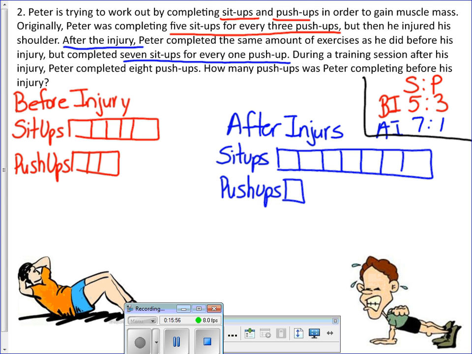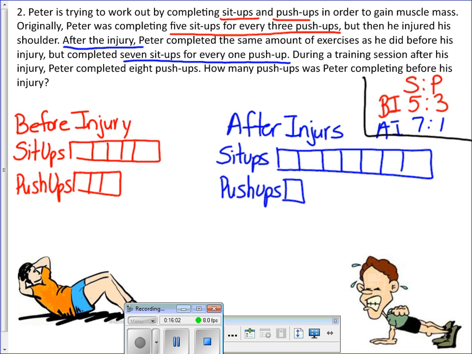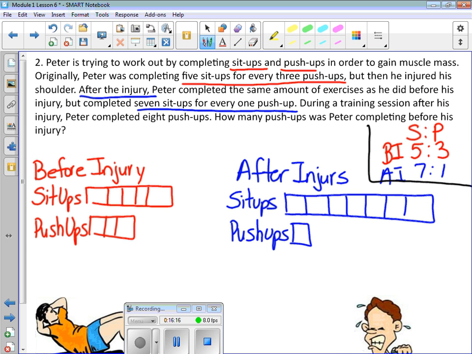Okay. The next step that we have to follow is to find the given. Let's find that key that is going to unlock this tape diagram. What is the given?